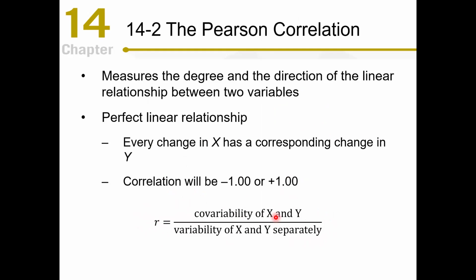How do they move in relation to one another? And in the denominator, we have the variability of x and y separately, meaning we're taking the two variables separately and looking at the variability of each, and we're combining those two variabilities together. And then the numerator is the variability of x and y together. How do they covary with one another?